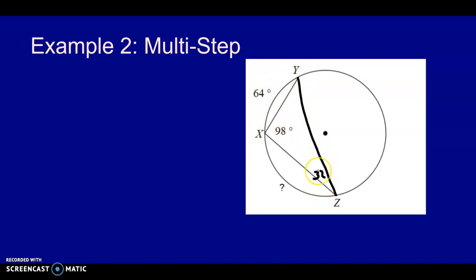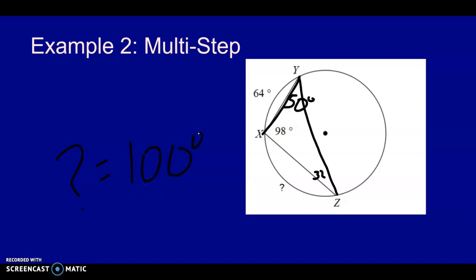So half of 64 is 32. 98 and 32 is 130 degrees, which means that to complete the triangle, this has to be 50 degrees. Angle Y does, because the angles of a triangle have to add up to 180. And so the arc created with chord YZ and chord YX is a 50-degree angle inscribed on the circle, which would make our question mark be 100 degrees.